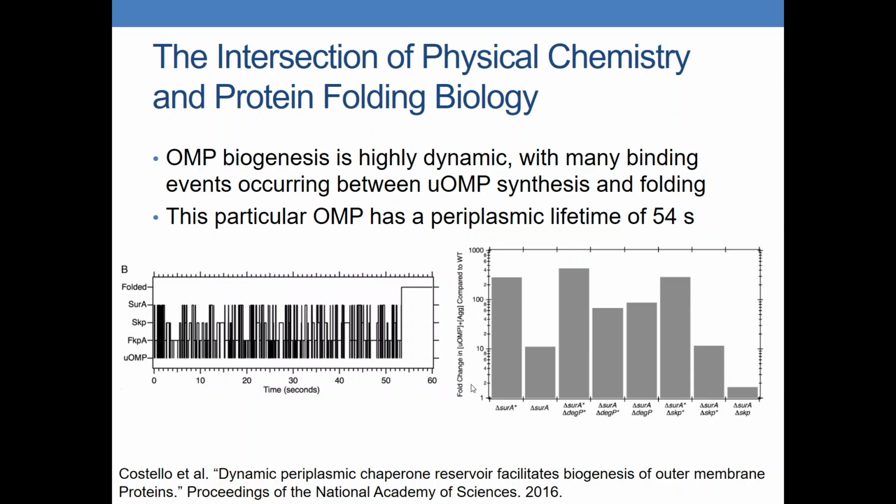So when you do this, if you knock out SurA, you'll see a very significant increase in the amount of unfolded protein that hangs around. If you, for example, knock out SurA and DegP, it goes up even more. But if you knock out both SurA and Skp, you'll see that the fold change is not quite as significant.